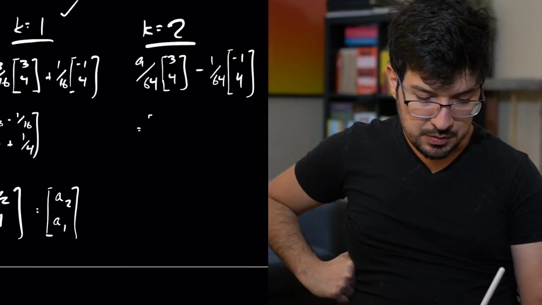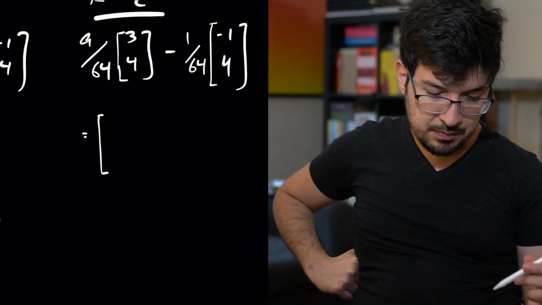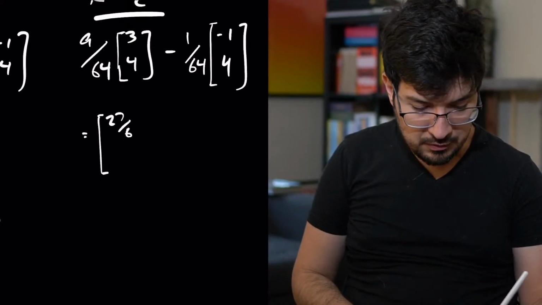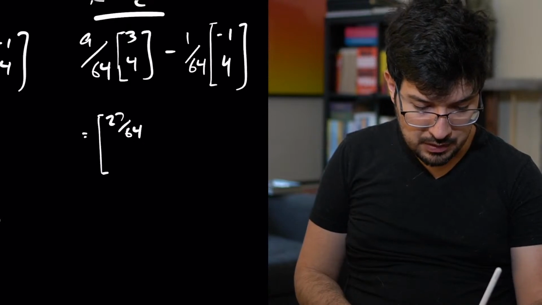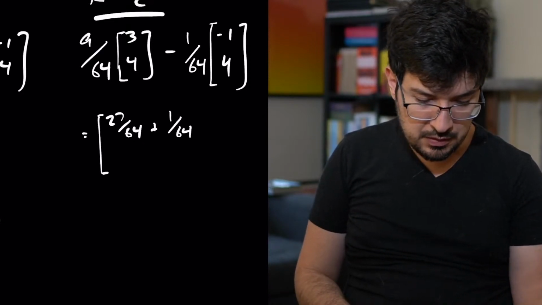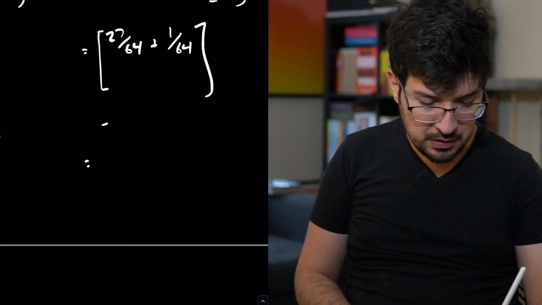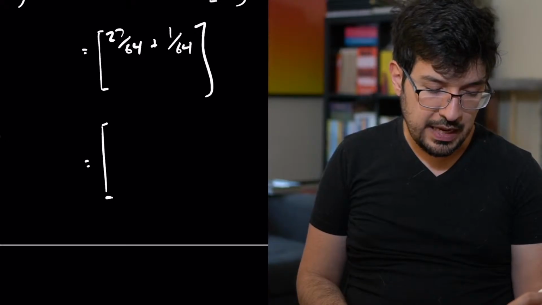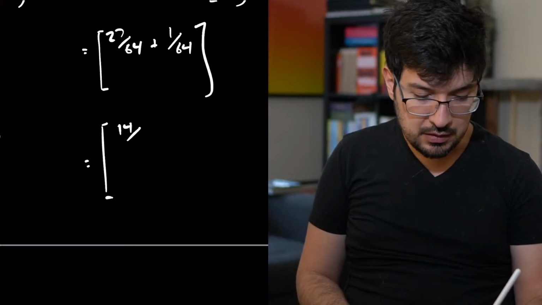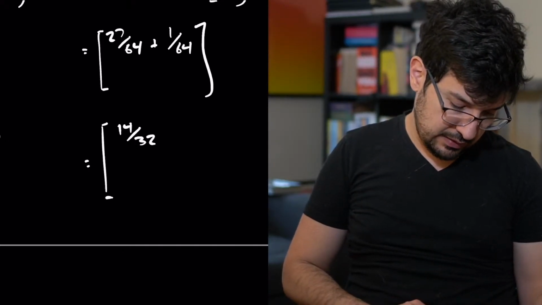Well, this would be 27/64 plus 1/64, which is 28/64. 28/64 is 14/32, which is 7/16.